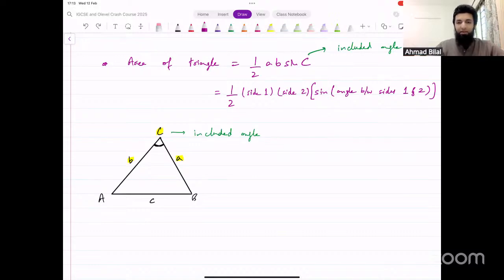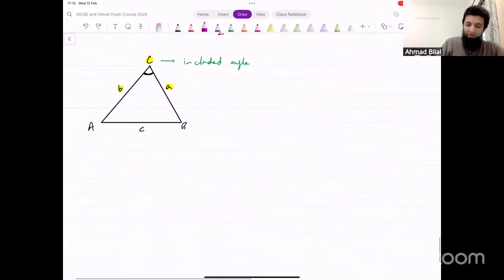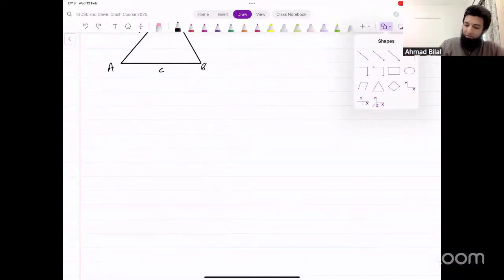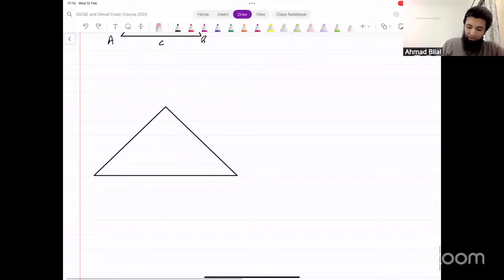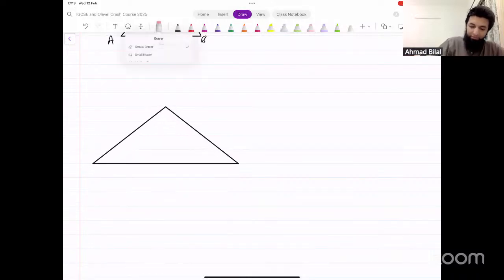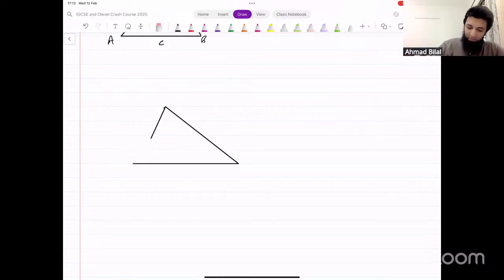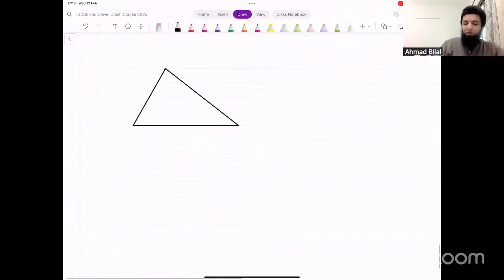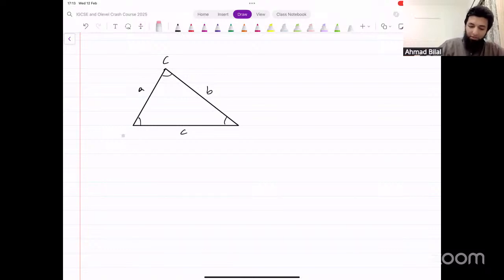Now, let's take some examples. Let's consider a triangle like this. Now, in this triangle, let's suppose you knew all three sides. Let's say this was a, this was b, this was c, and the angles are then A, B, and C. The vertices are then A, B, and C like this.